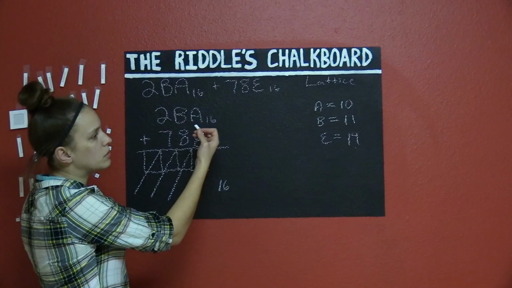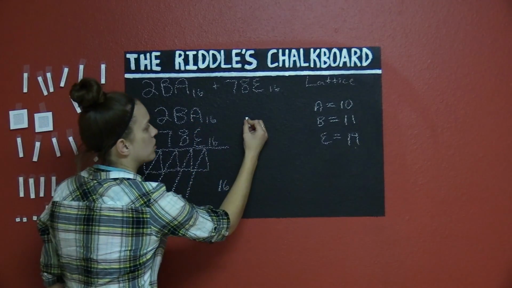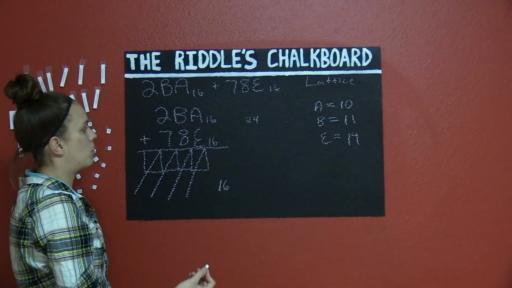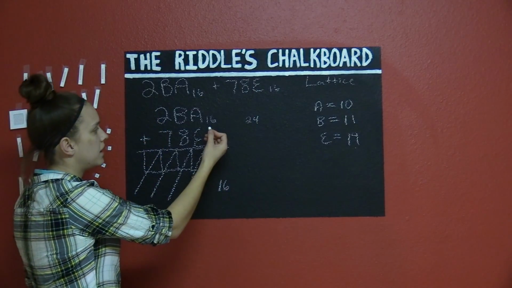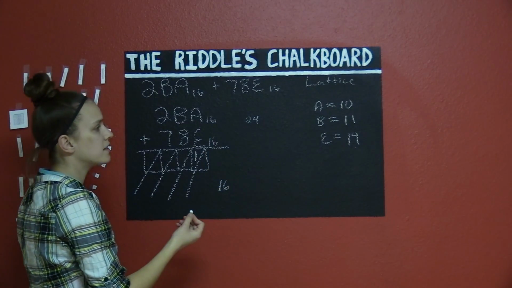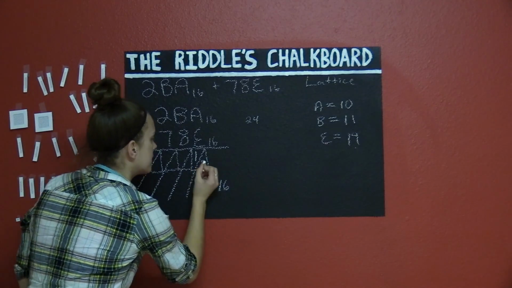Okay, so first we're going to take A plus E, so 10 plus 14, which equals 24. We'll just make a note over here. And then we'll have to see that 16 goes into 24 once, so we put 1 in the 16's place. And then there's 8 left over, so we'll put that in the 1's place.